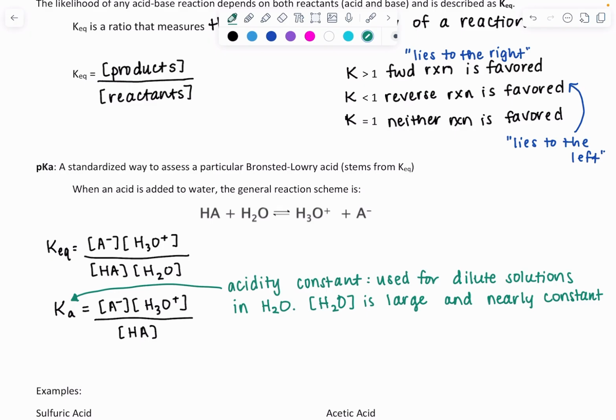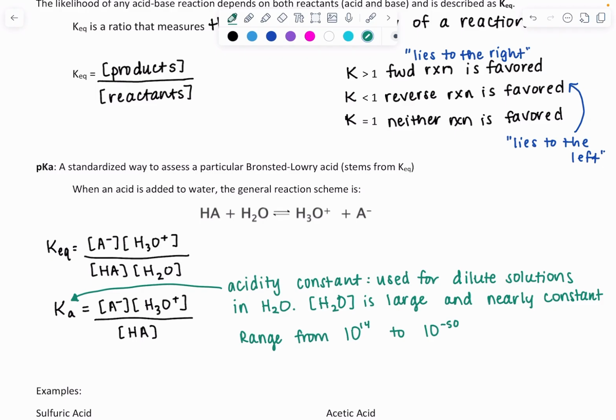Ka values for a really strong acid that would have high concentration of product, these values range from 10 to the 14th power. So that would be for a very strong acid, lots of products and hardly any reactants, to 10 to the negative 50. So that would be a very, very weak acid that has low concentration of products.